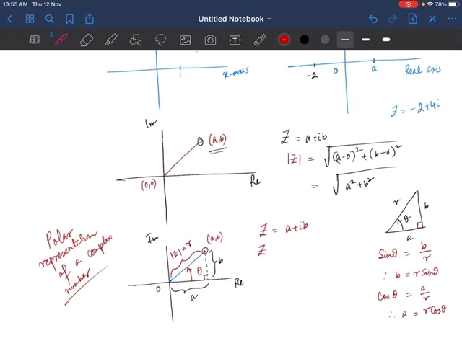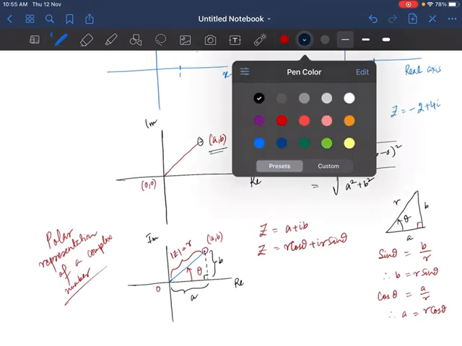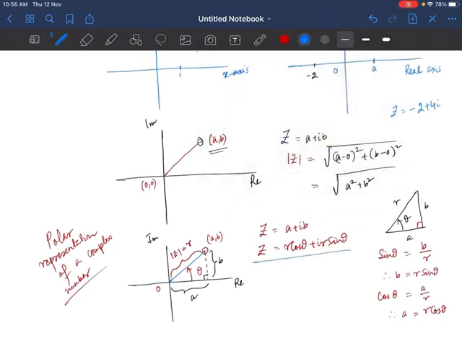So now we can write the complex number z as r cos theta plus i r sin theta. Now you see, this is the polar representation of the complex number.